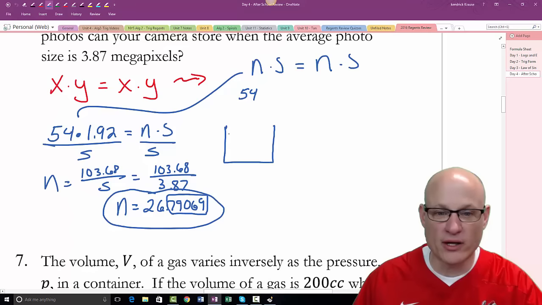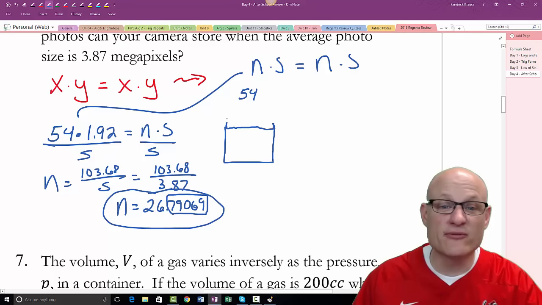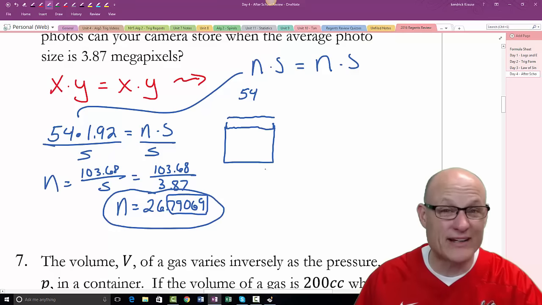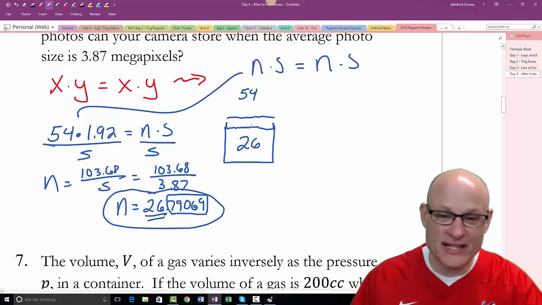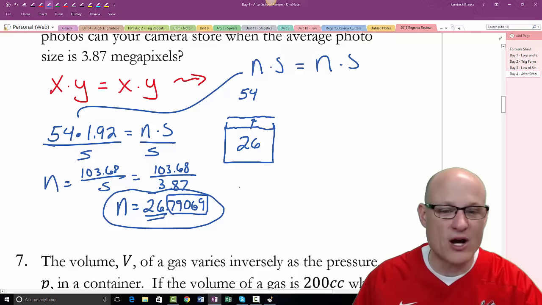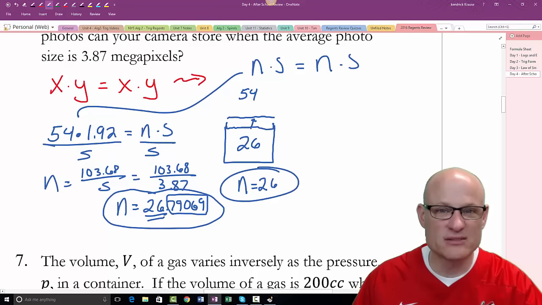Let's say this is your photo bucket, and the 26th photo was right here, and in order to get the 27th photo in, I need about this much room. It's just not quite enough. So I can get 26 in, but the 27th goes a little bit past the storage capability. This is a case where you wouldn't round, you'd get n equals 26. That's it.